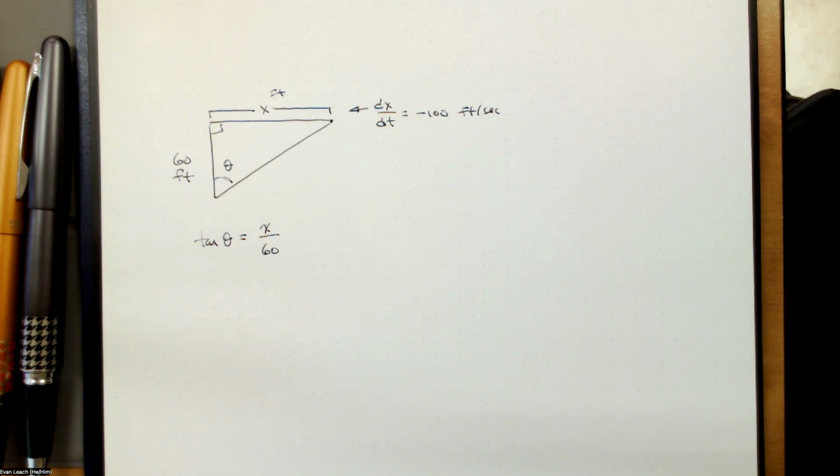The thing we want to watch out for here is that tangent is not an invertible function. It's probably an invertible function since theta is going to be less than 90 and at most negative 90. So we're probably okay with inverting tangent.